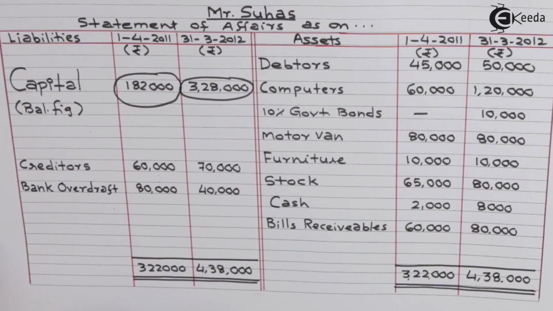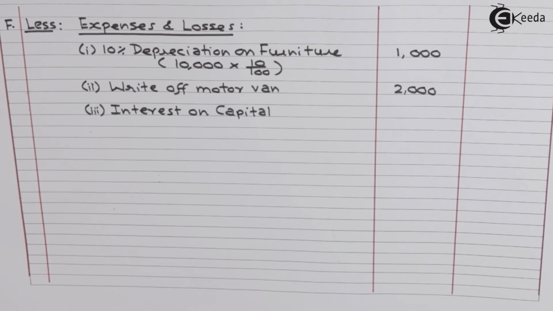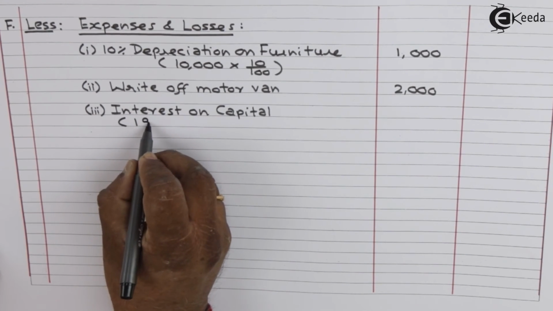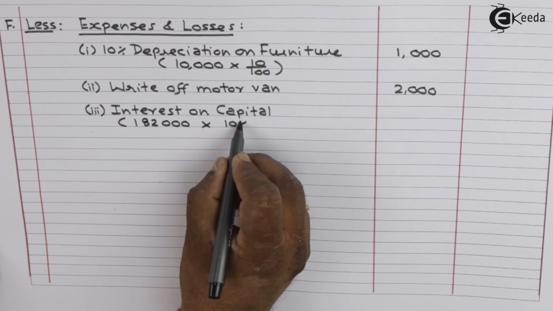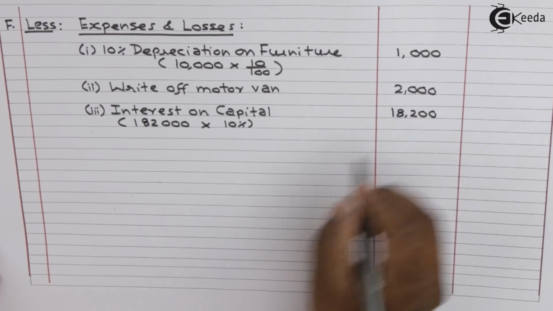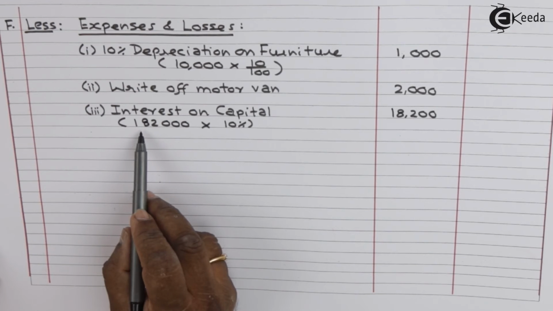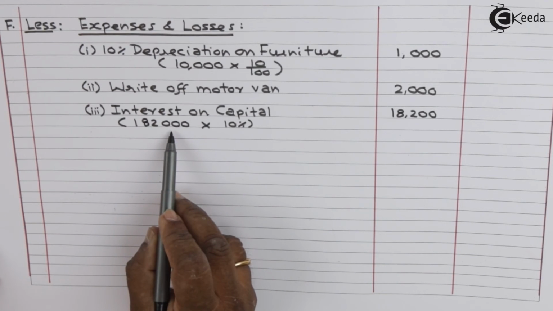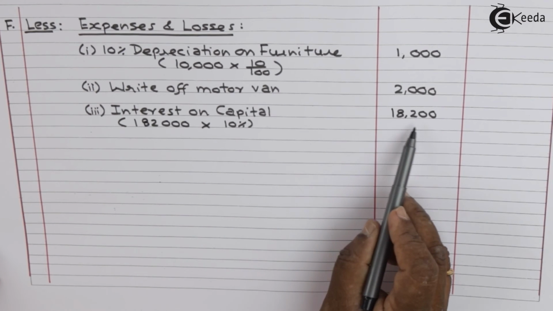During the year, there is no additional capital introduced. So interest will be charged only on the opening balance of capital. Interest on capital, opening balance of capital 1,82,000 multiplied by 10%, it will be 18,200.